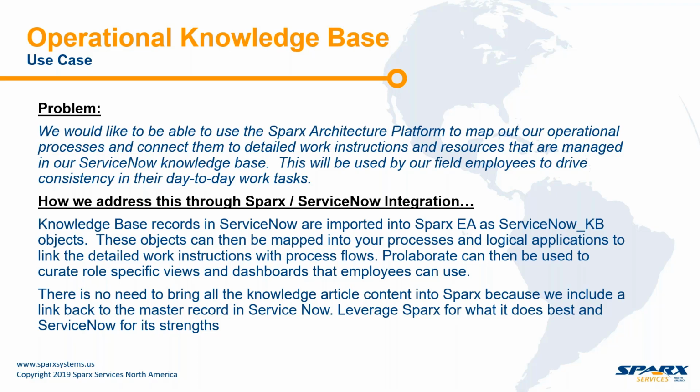That way, when you view the process flow, you can see not only the high-level process flow, but you can see all the detailed work instructions that go with it, and yet manage the change management of those work instructions in ServiceNow, which is the tool that many companies prefer for doing that.